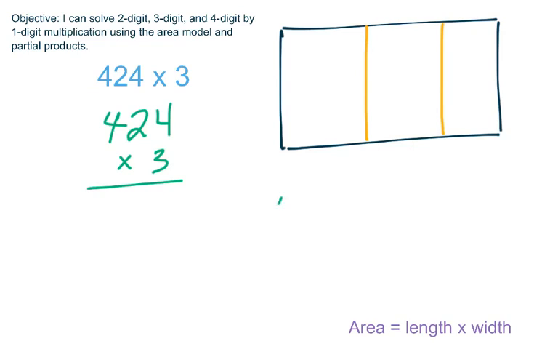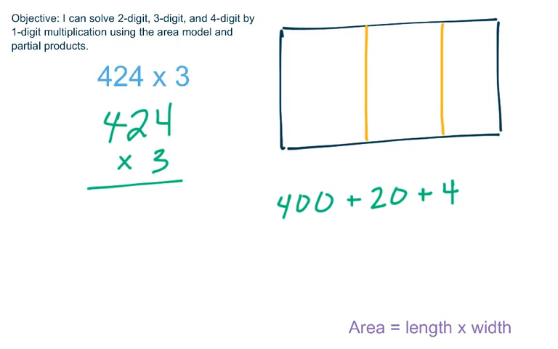So for instance, 4 doesn't just equal 4, it is 400. The 2 doesn't just represent a 2, it represents 20. And the second 4 does in fact just equal 4 ones.